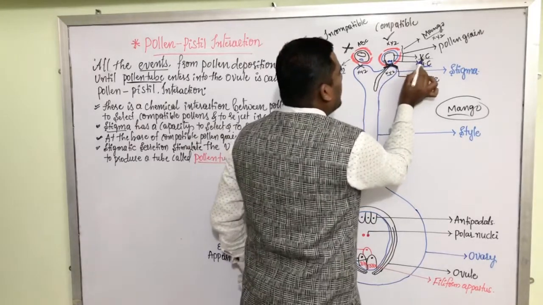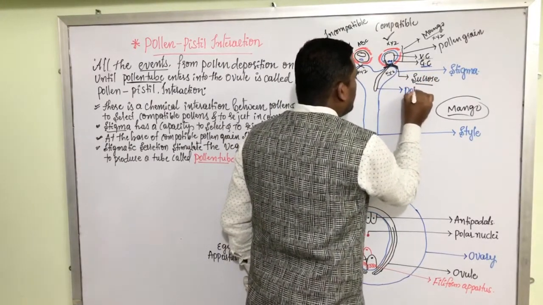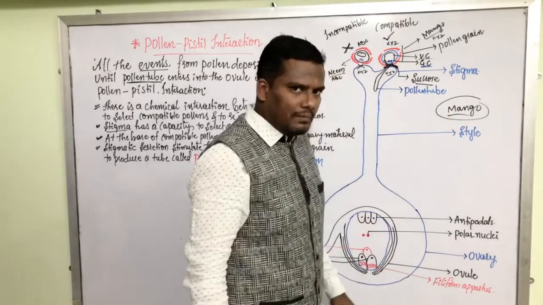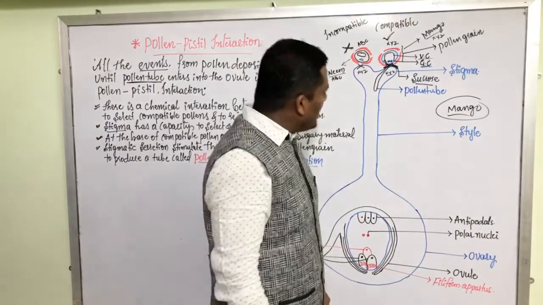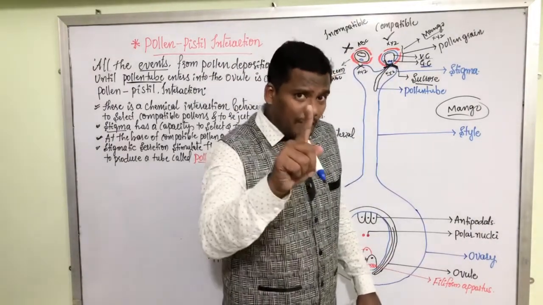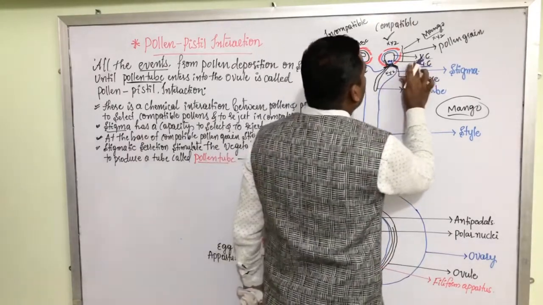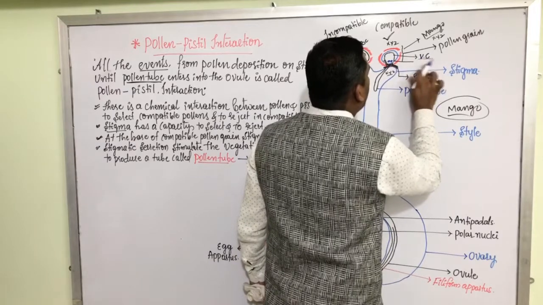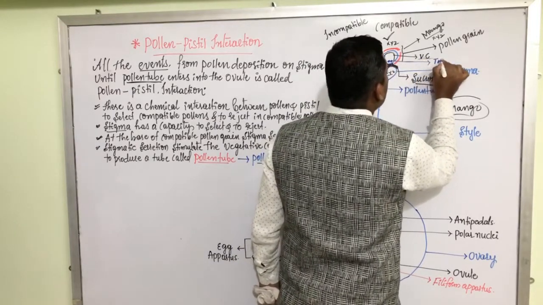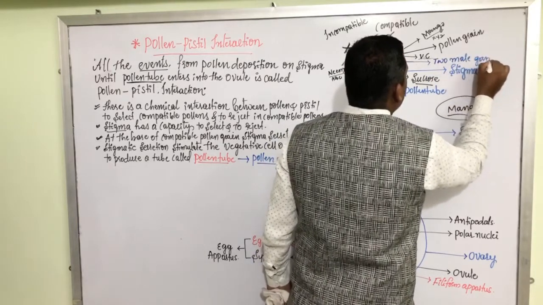Here, the vegetative cell produces the pollen tube after getting stimulated by the stigmatic secretion. Simultaneously, the generative cell undergoes one mitotic division and results in the formation of, now it is no more called a generative cell, two male gametes.